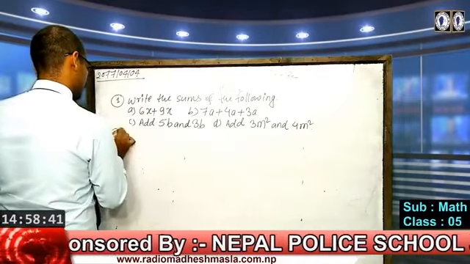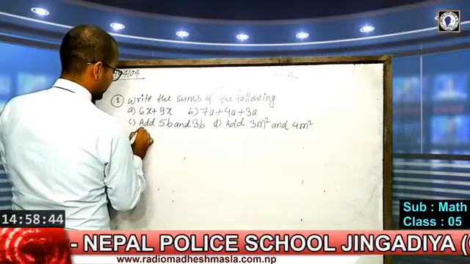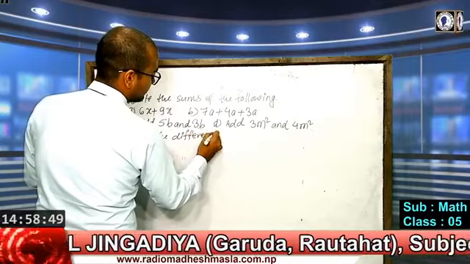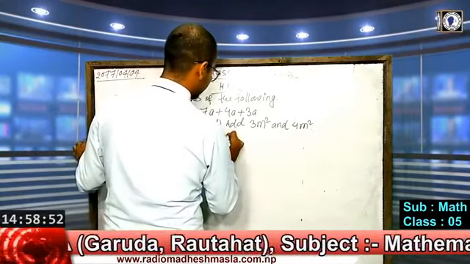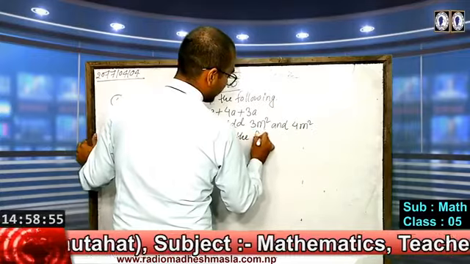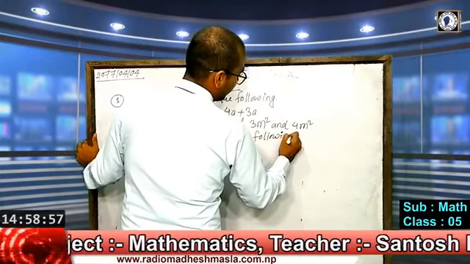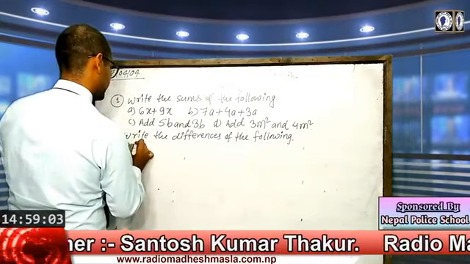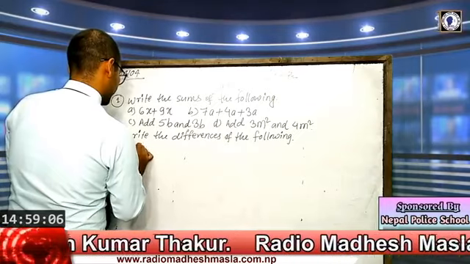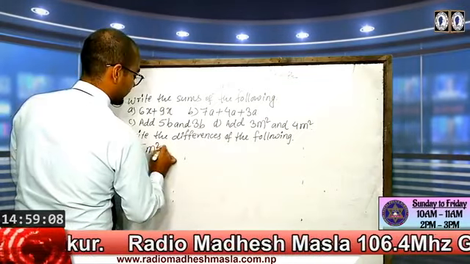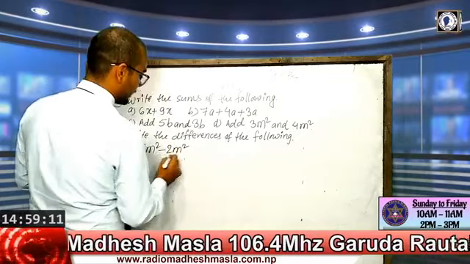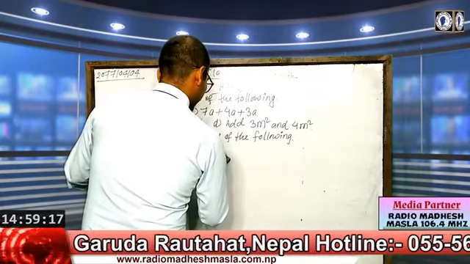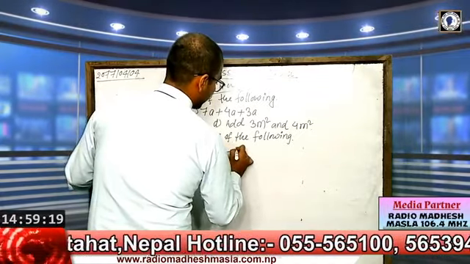Question number 2, write the differences of the following. For this we have questions: 5m square minus 2m square. B, 7p minus 2p.